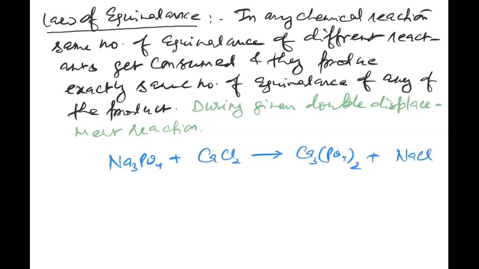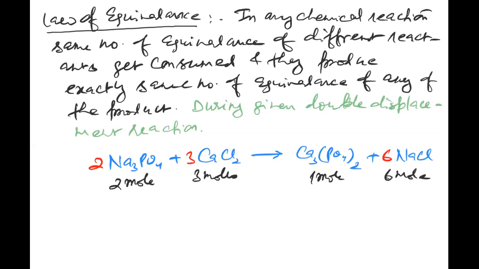If you balance this reaction, it is 3 calcium, 2 here, and 6 NaCl. As per the balanced reaction, 2 moles of Na3PO4 can combine with 3 moles of CaCl2, and can produce 1 mole of calcium phosphate and 6 moles of NaCl.